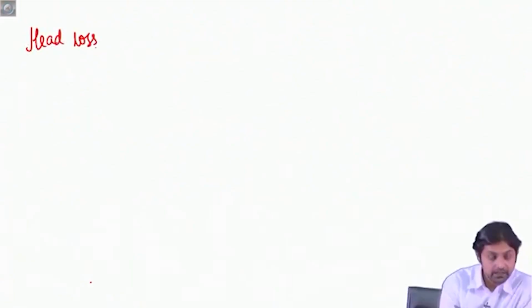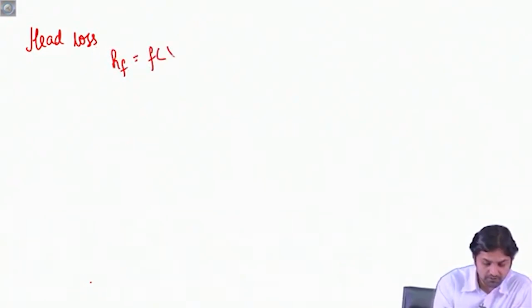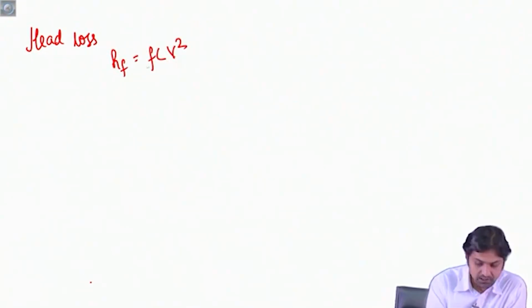all right. So, we are going to calculate head loss. HF is equal to FLV square by 2GD.